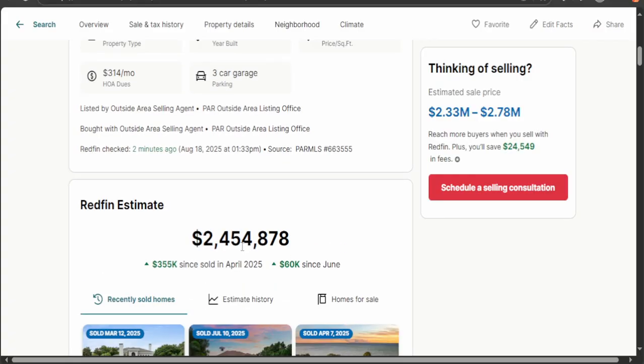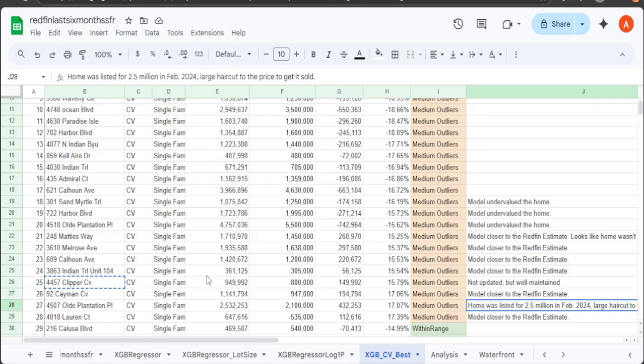which is lower than the Redfin estimate, the seller market, I guess, mindset of the Redfin estimate. And our model had it close to the Redfin estimate. So anytime our model is close to the Redfin estimate, that's okay. I'm not gonna complain about that. That's the best.